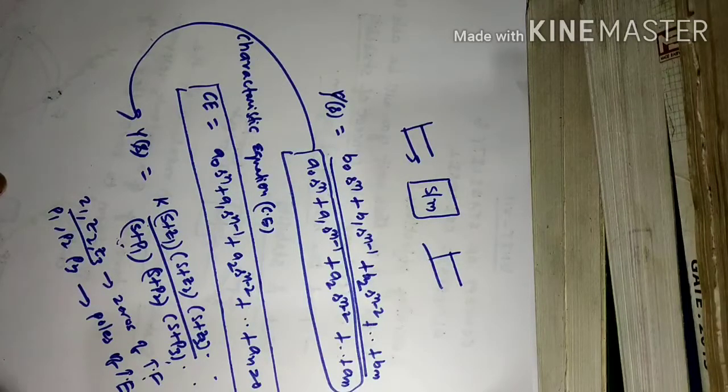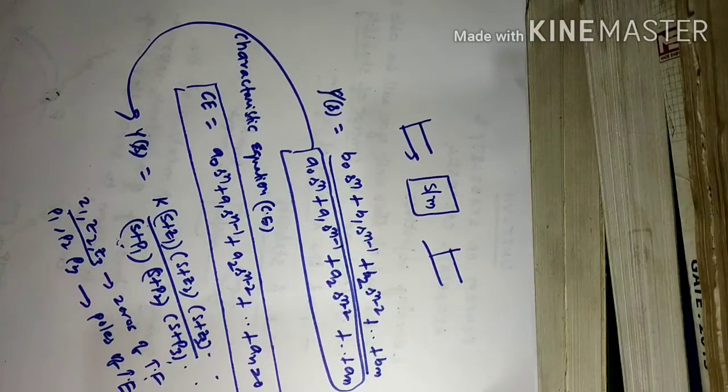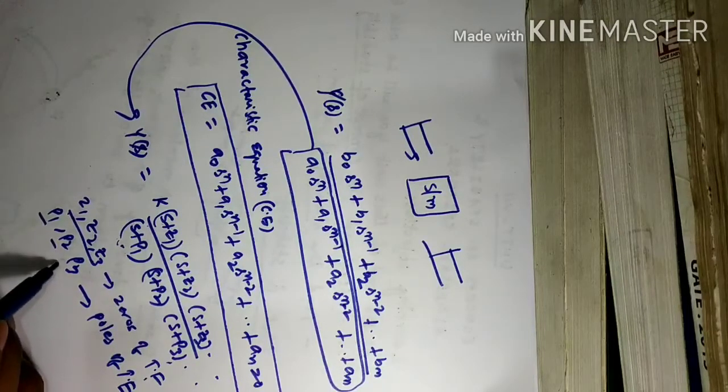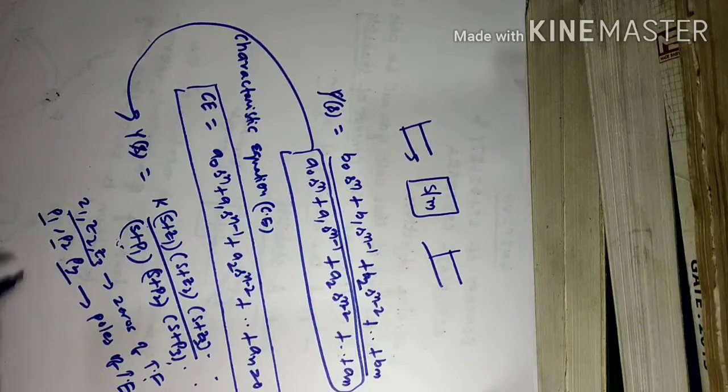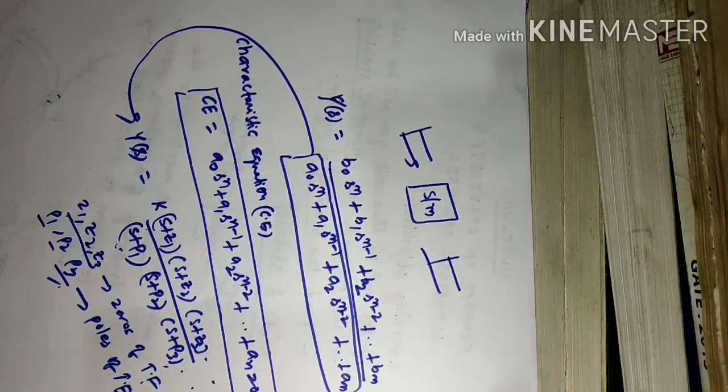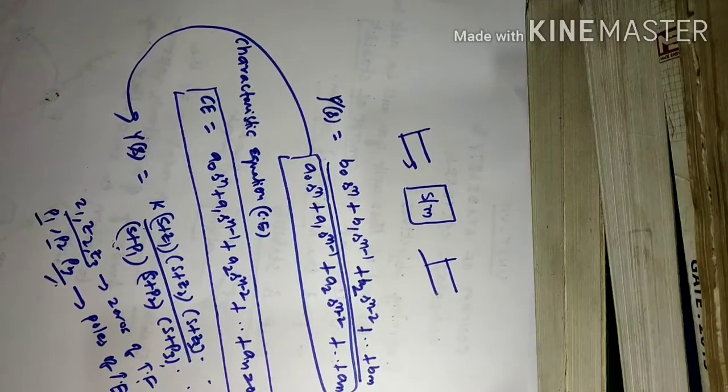It means p1, p2, p3 will determine the response of the system. So that is very important to remember. I'm going to show you a few very important things here.